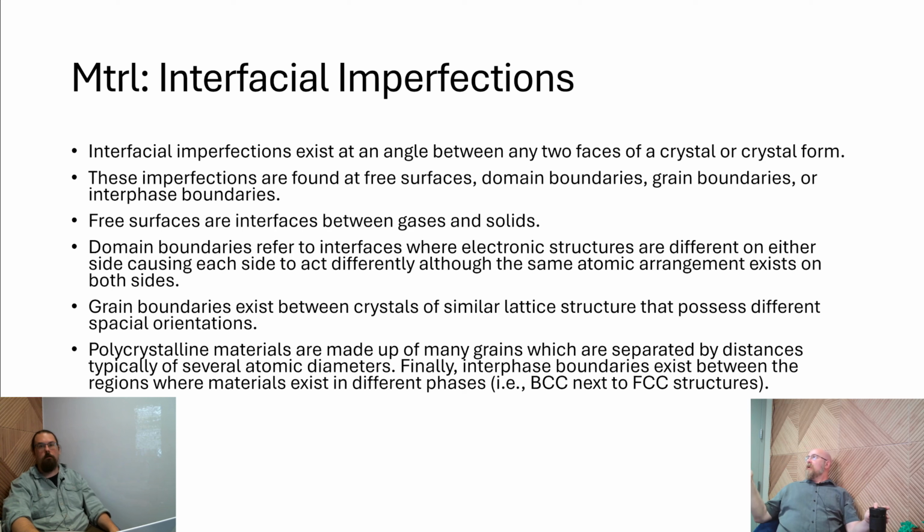But most things are doing that in a confined space. That's how grain boundaries are interfacial imperfections. We talked about grain boundaries before, and now we've got a better definition of what they are. And they happen all the time.